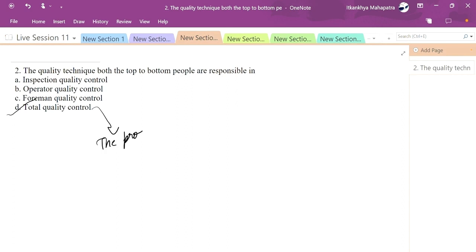Here the process of making the goods and services is controlled.